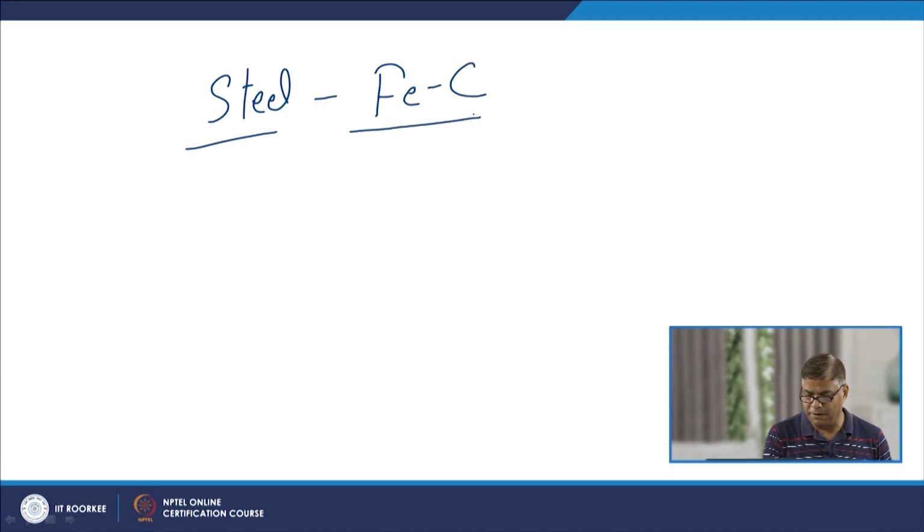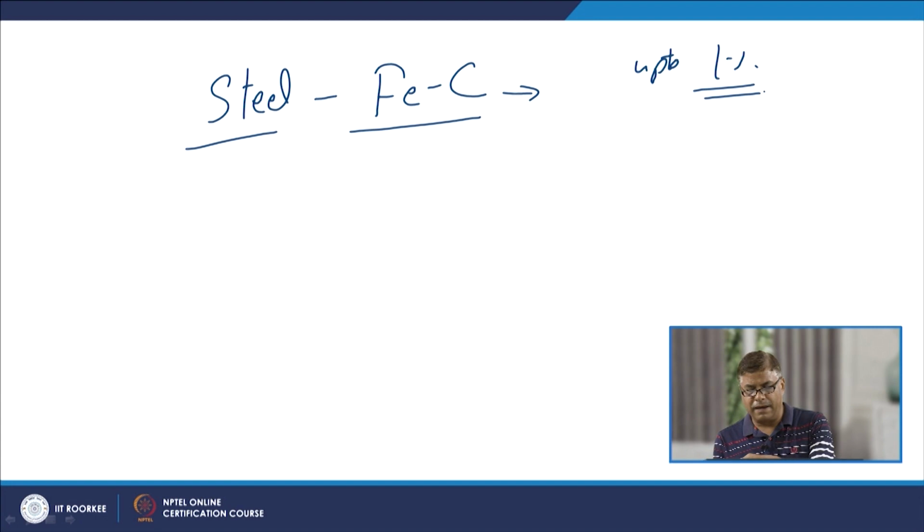Now, we will be going through the basic metallurgical aspects related to stainless steels. We know that in the case of steels we have iron and carbon, and this carbon is up to 1% maximum.